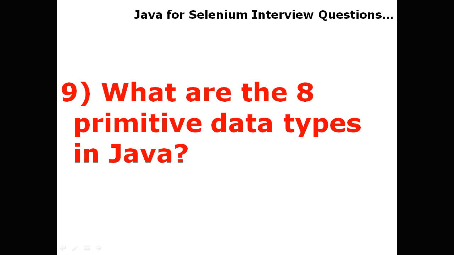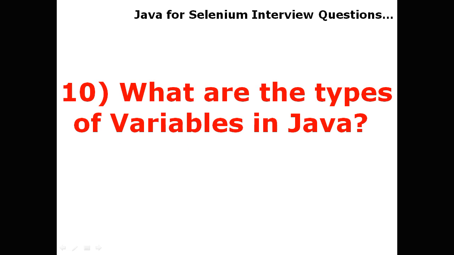Only one character data type, that is char. Next, conditional. Only one conditional data type, boolean. Okay. Next, what are the types of variables in Java? What are the types of variables in Java?